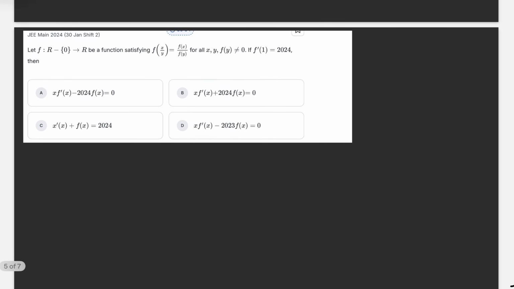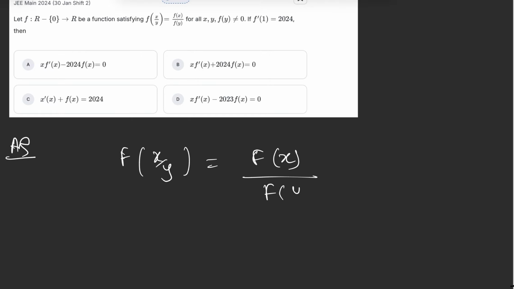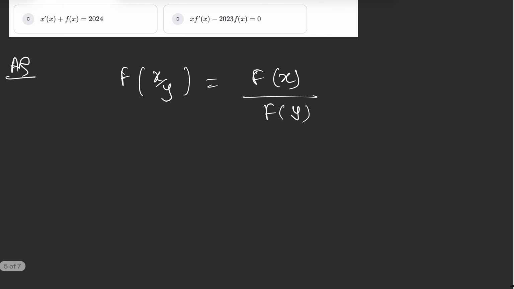Okay, next question. JEE Main 2024. Again, same type of question. Here again, what we'll do? Partial differentiation with respect to x. So f of x y is given as f of x divided by f of y. If we do partial differentiation here, f dash of x by y, differentiating with respect to x, we are considering y as a constant.